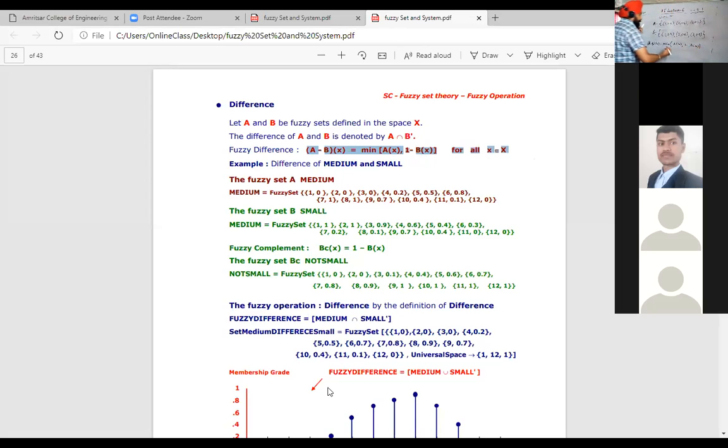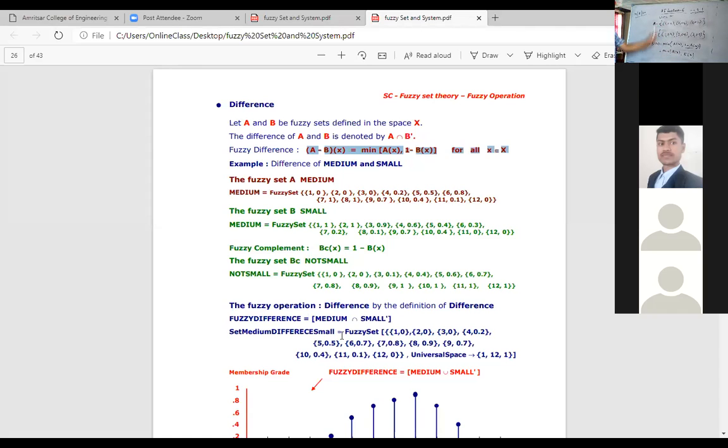You take the minimum among both of these. This 1 minus B of x is nothing but the complement. So you will write minimum of A of x, B complement of x. So what is A minus B of x? First step, you take the B complement, then you take the degree of A and the result of B complement. Among that, whichever is the minimum degree.